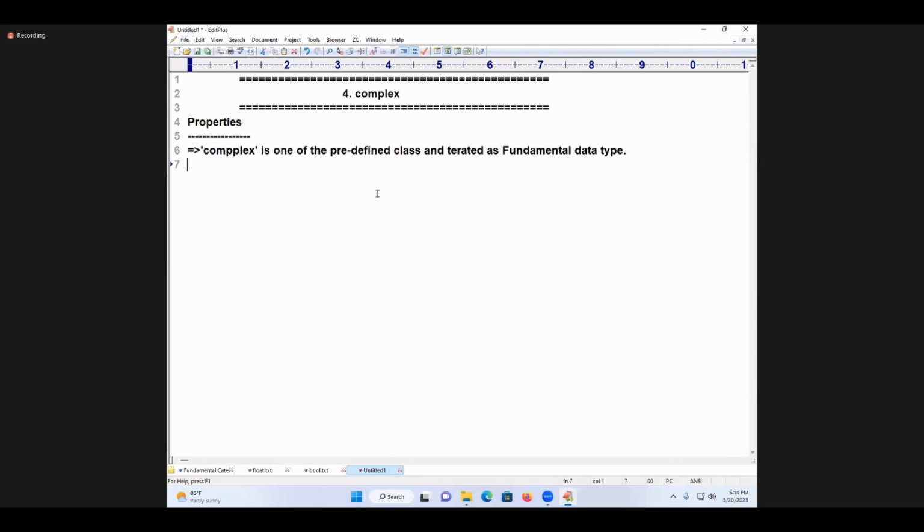What is the use of this complex data type? Very, very important, students. Carefully try to follow. Now I'm going to give you the importance of this complex data type. Why is it required? What is the use of it? Everything will come across now. I'll take one small formula here.